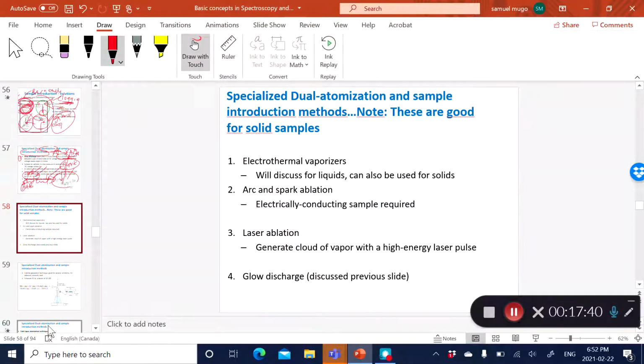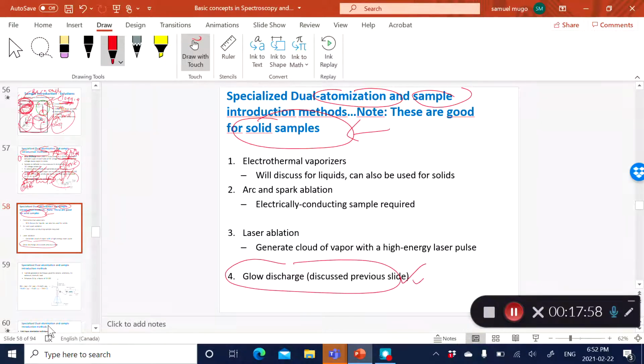Other types of specialized techniques that again combine atomization and sample introduction, while at the same time being very good for the analysis of solid samples, meaning you don't need to dissolve the sample, include the glow discharge, which I've talked about in the previous slide. But you can also use a furnace.